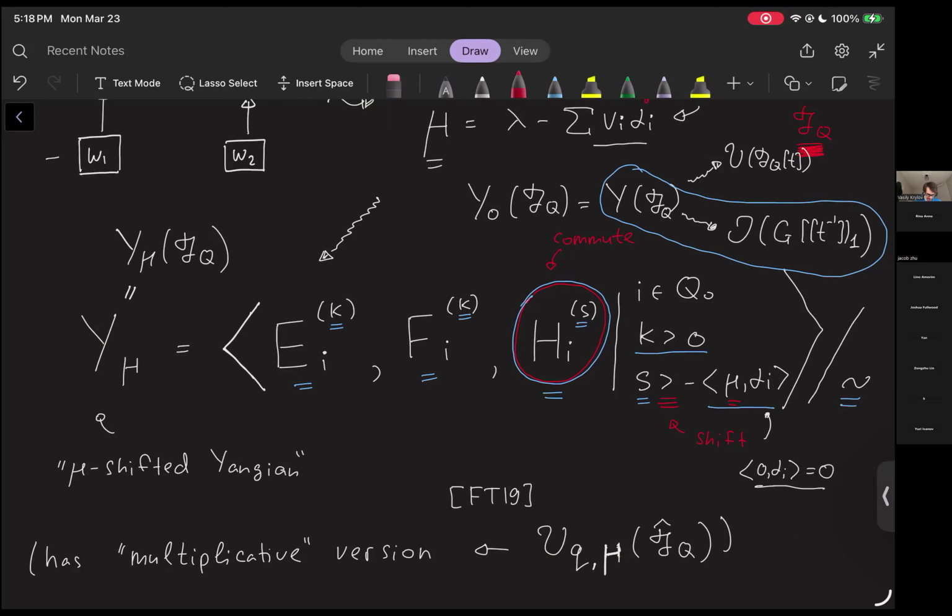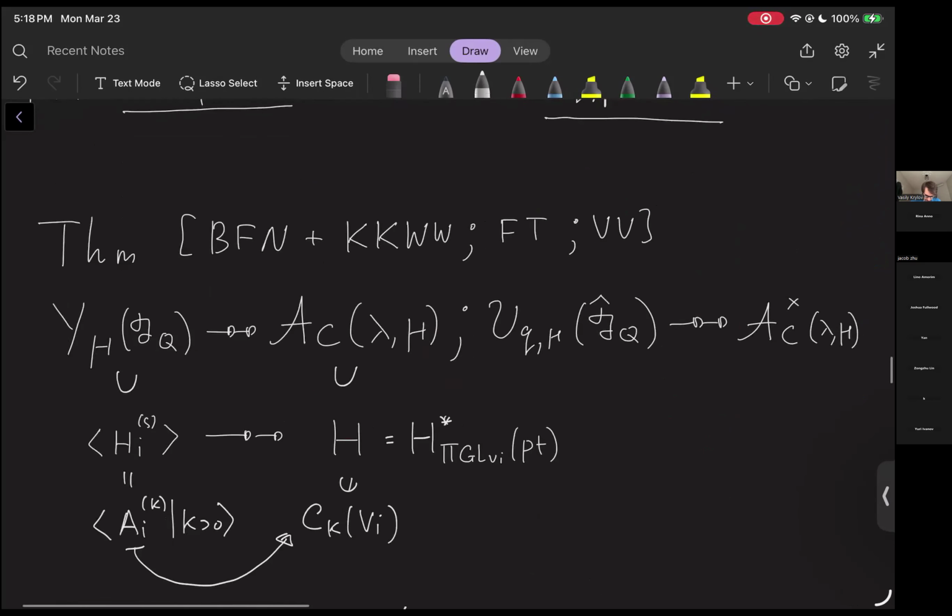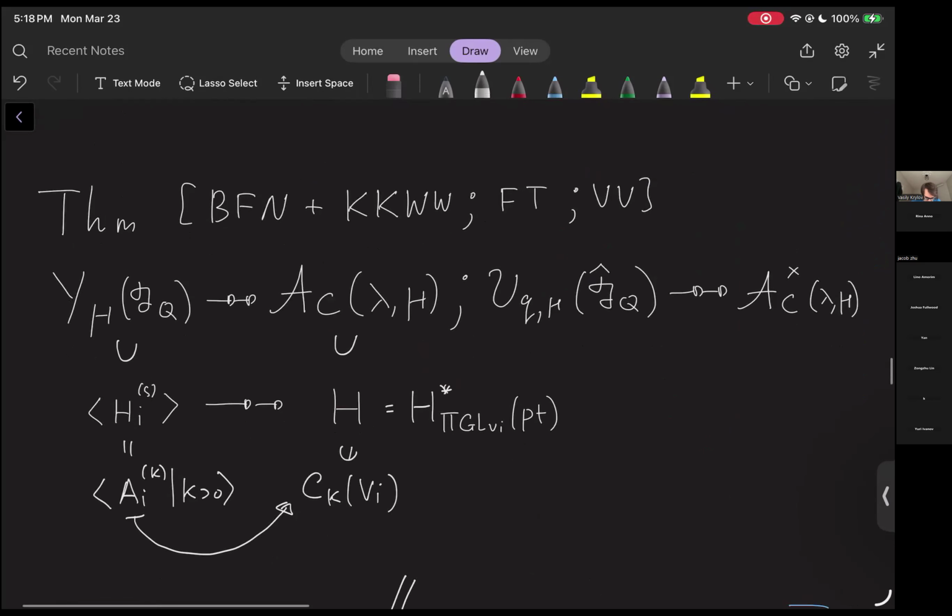Great. Let me just mention that for the shifted Yangian, there is also a multiplicative version of this object, defined by Finkelberg and Tsymbaliuk. That is a shifted version of the quantum affine group associated to G_Q. Now let me explain the relation with Coulomb branches.